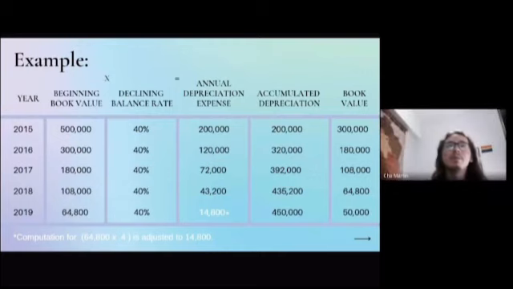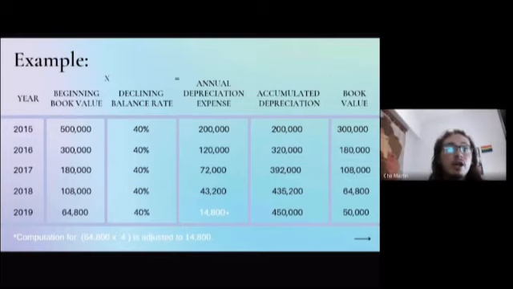So for our example for declining balance method, just like what was said, we have the beginning book value times the declining balance rate, which in our example is 40%, and our beginning book value is 500,000, and it equals 200,000. We also have 200,000 in accumulated depreciation as it is the start of the year, and the book value is going to be 300,000.